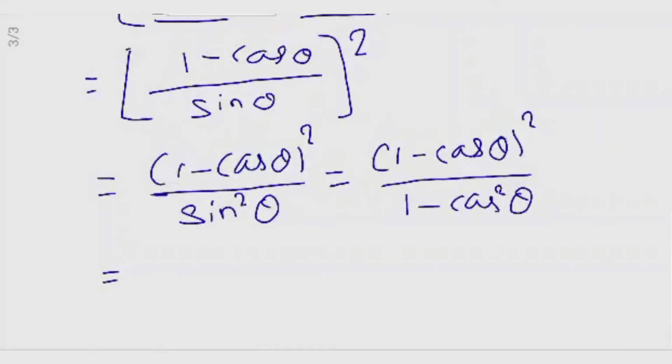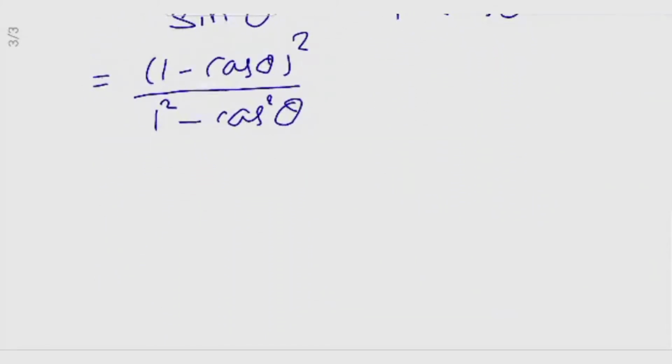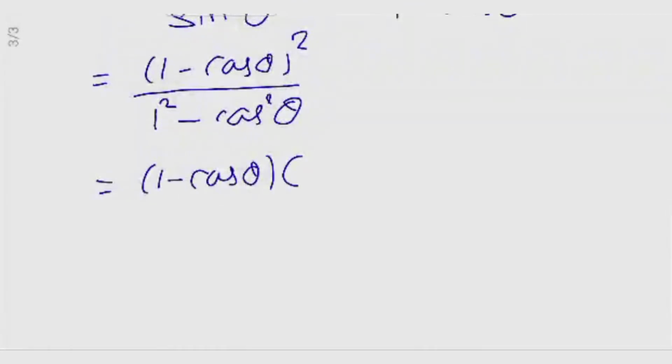And now here 1 minus cos theta whole square as it is, and this divided by 1 we can write 1 square, 1 square is also 1, right, and minus cos square theta as it is. So next step, here 1 minus cos theta whole square we can write 1 minus cos theta into 1 minus cos theta. So see here in the denominator 1 square minus cos square theta, it is in the form of a square minus b square.